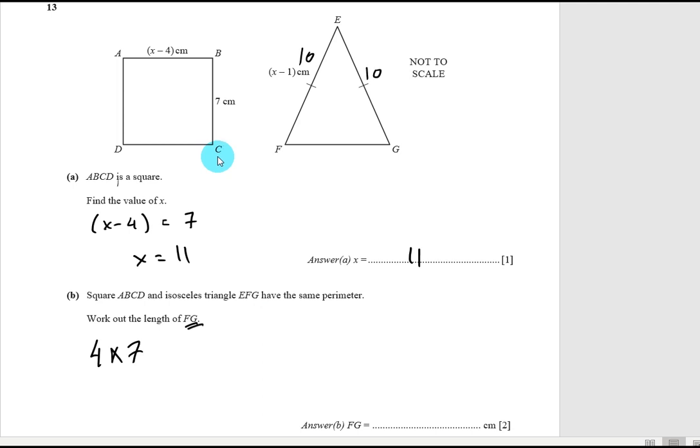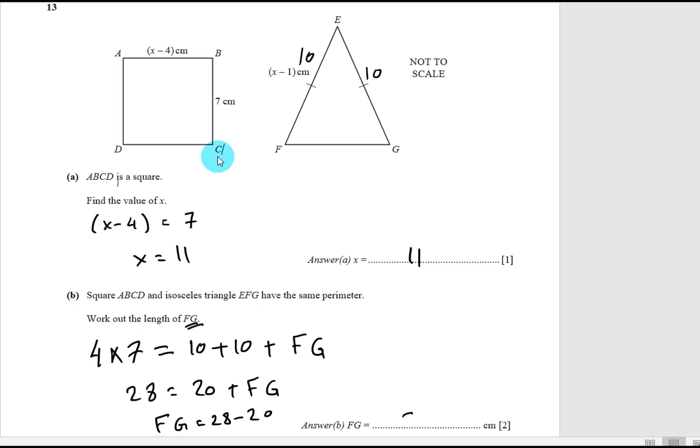So the perimeter of the square will equal the perimeter of the triangle. The triangle perimeter is 10 plus 10 plus FG. So 28 will equal 20 plus FG. So FG will equal 28 minus 20, FG is equal to 8.